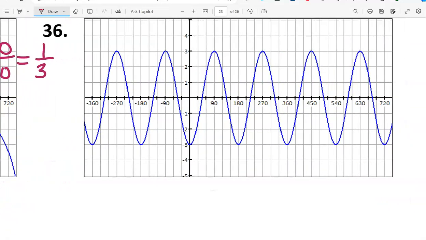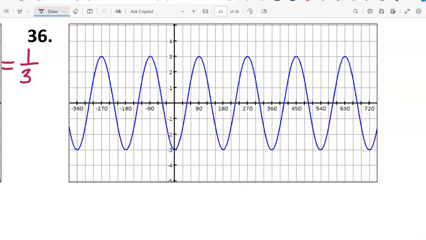For number 36, we have many cycles. If you choose a 0 phase shift, then we'll have a cycle that starts at the bottom, meaning it's an inverted cosine, and so the A value here will be -3. The average of the high and low values is 0, so our new origin point is 0, 0, or C, D is 0, 0.